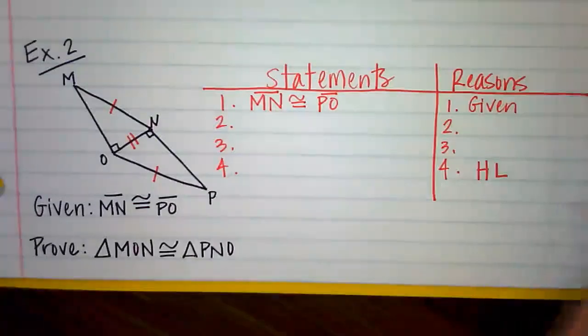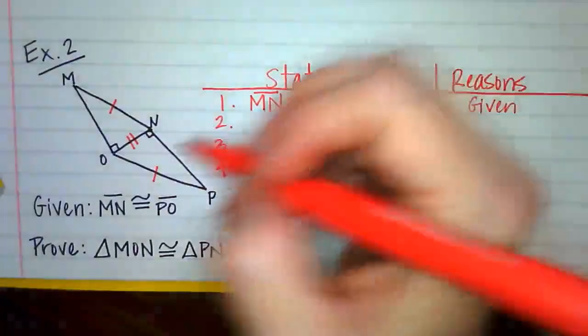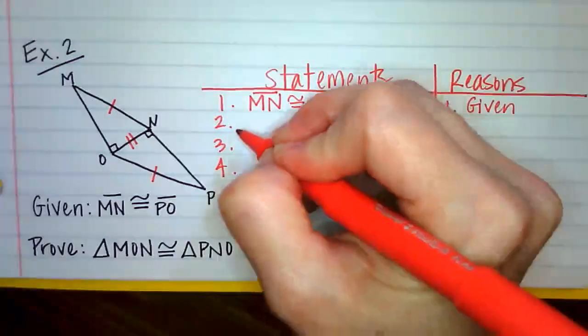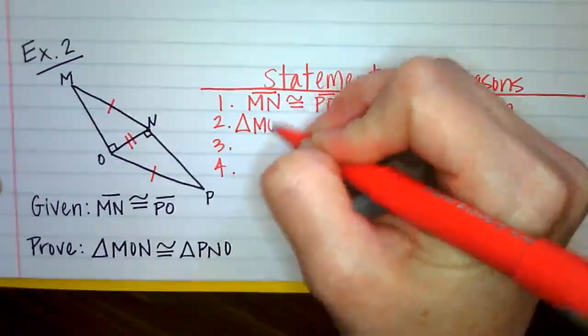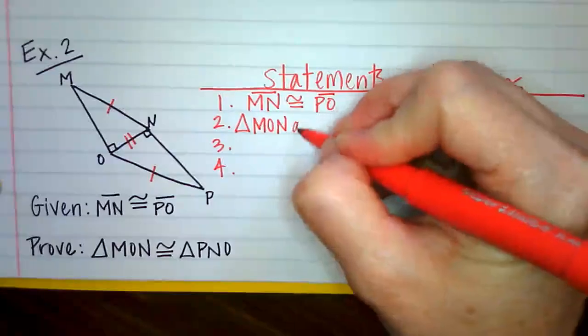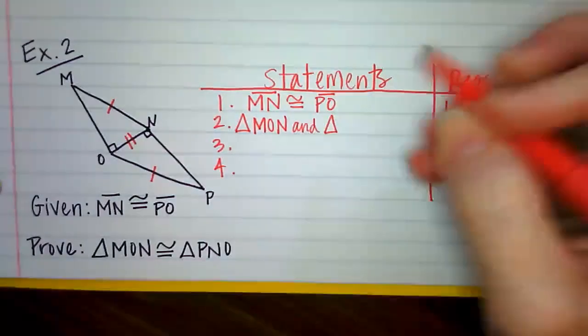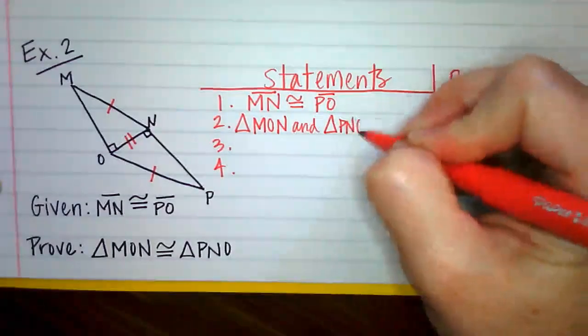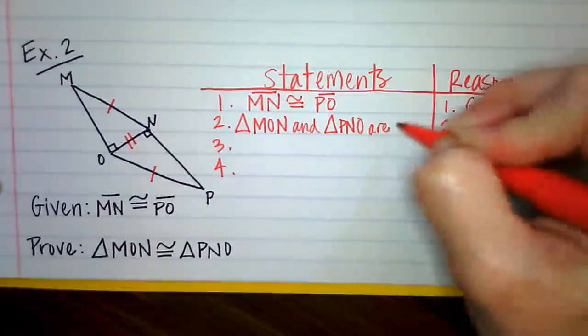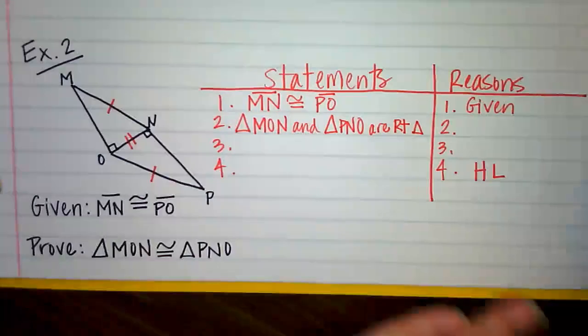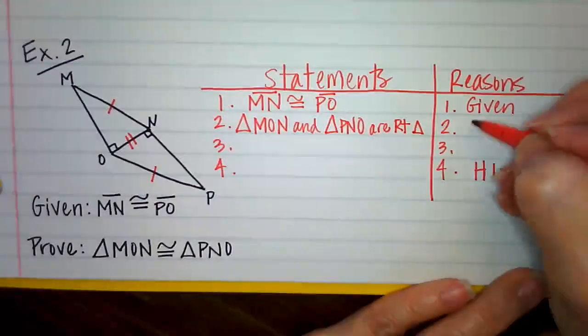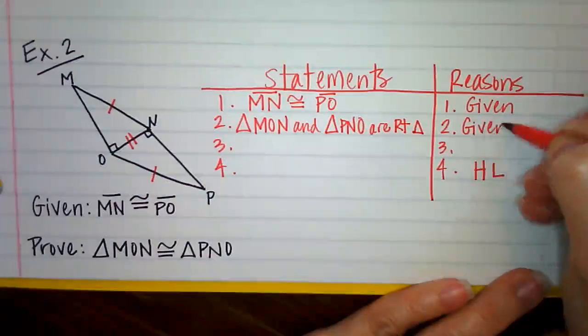We were also given in the picture that triangle MON and triangle PNO are right triangles. Sorry, I didn't leave enough space down here. That was also given.